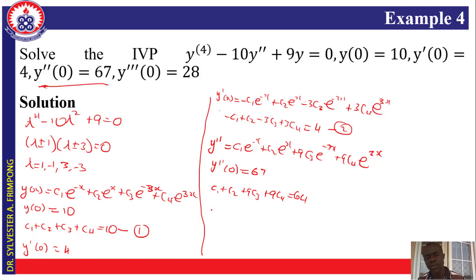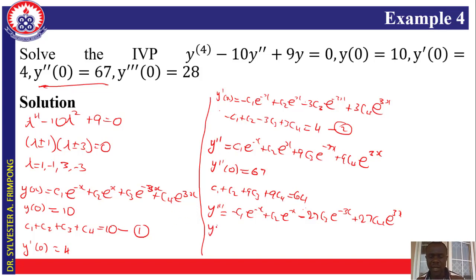And last but not least, we have y triple prime equal to 28. That means you need to take the third derivative, and y triple prime equals negative c1 e raised to the power negative x plus c2 e raised to the power x minus 27c3 e raised to the power negative 3x plus 27c4 e raised to the power 3x.